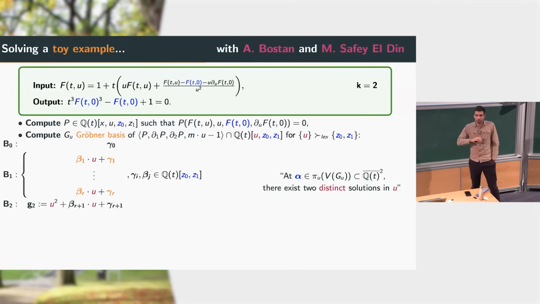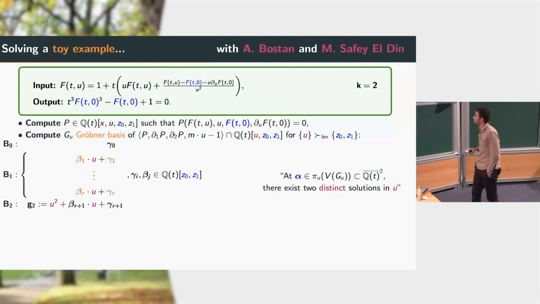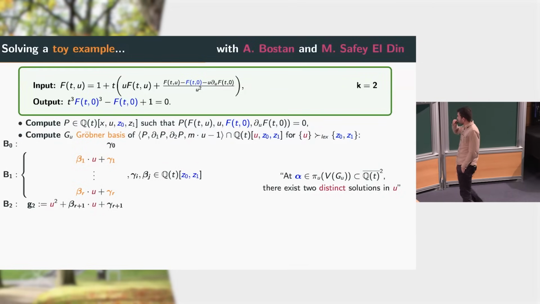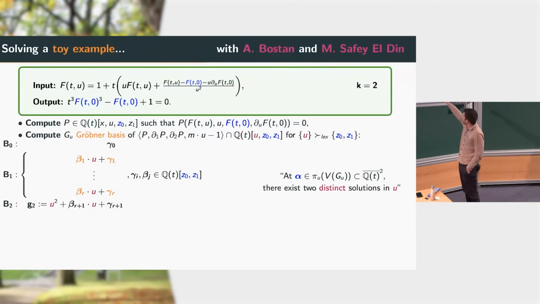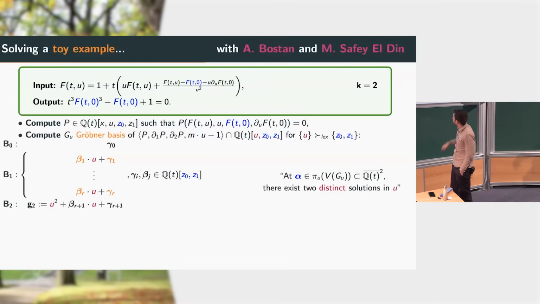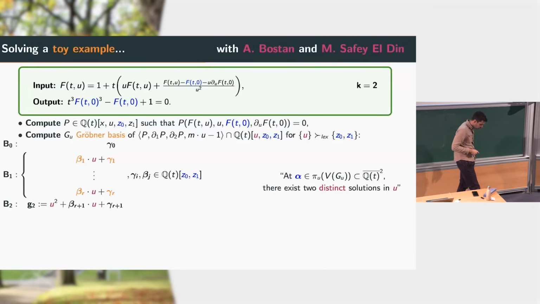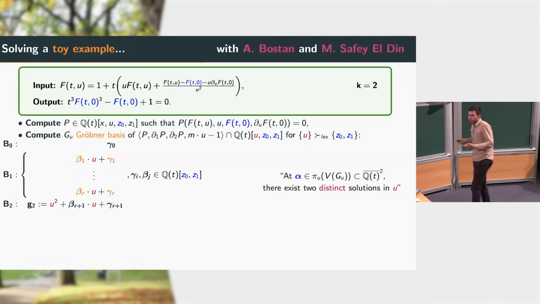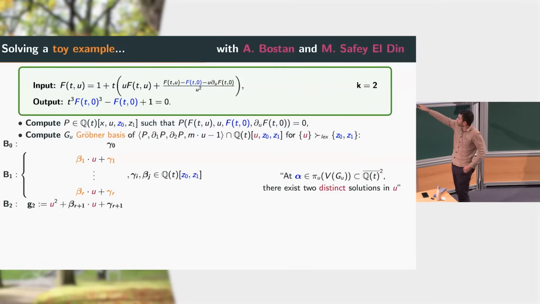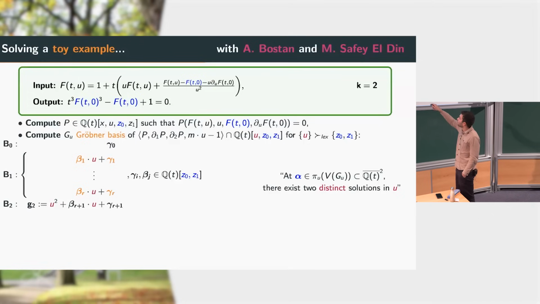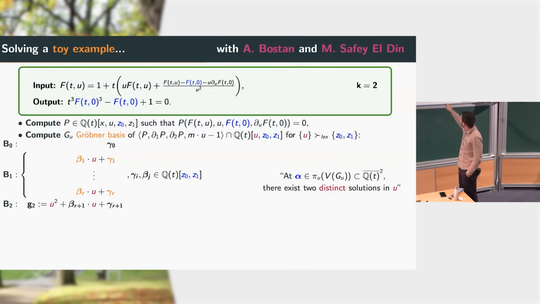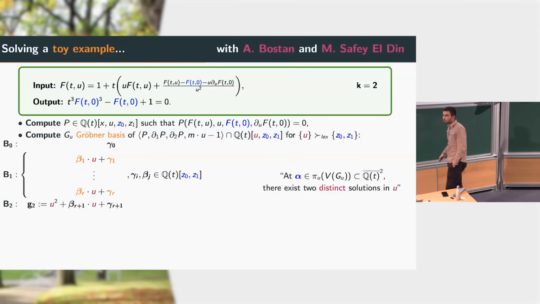And now we will make some very elementary observations on this Gröbner basis. We know that in the end, what we want is to take a point of the projection and to lift it into at least two distinct solutions with respect to the variable u. What we can observe is that, assume that one of the polynomials in V1, for instance gamma 1, we can choose another one if you want, is not equal to 0 at this point alpha.